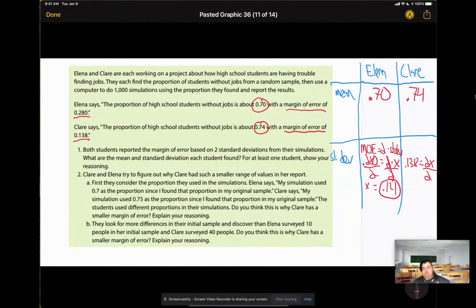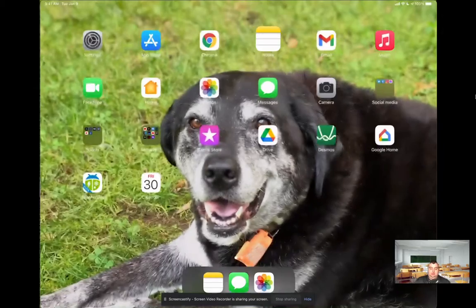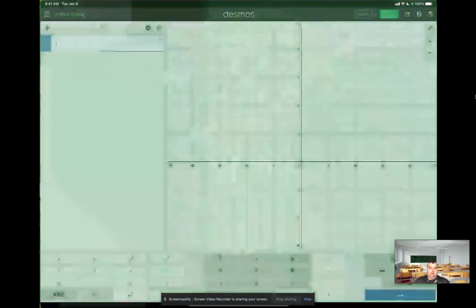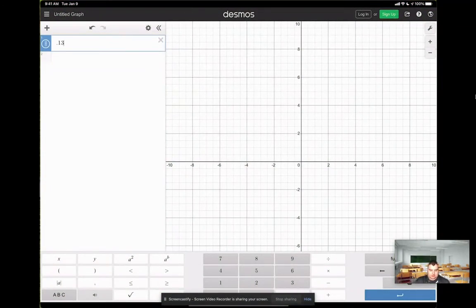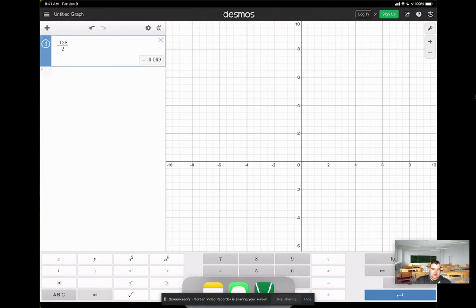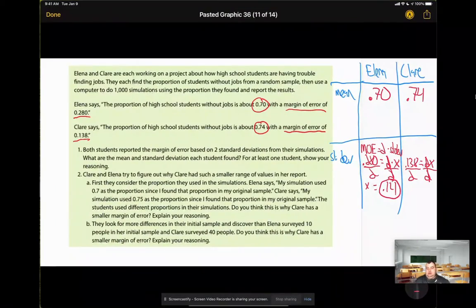So now, instead of dividing 0.28 by 2, I'm going to divide 0.138 by 2. 0.138 divided by 2 is 0.069. So that is going to be the standard deviation for Claire. And that's all we had to do for number 1. So this right here is the answers to number 1.